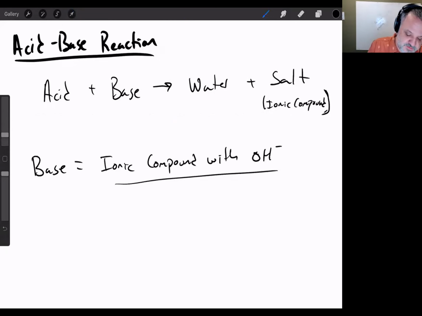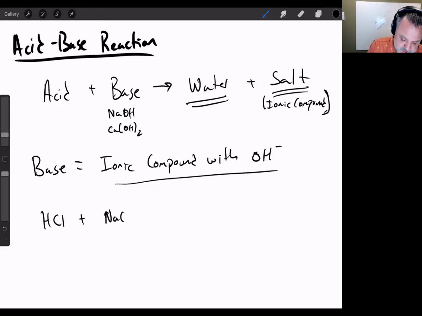So the base will be something like sodium hydroxide or calcium hydroxide or one of those other hydroxides. All right, and the products will always be water and some other salt. What is the salt that I mean? Well, an acid is something that has a hydrogen ion in it.